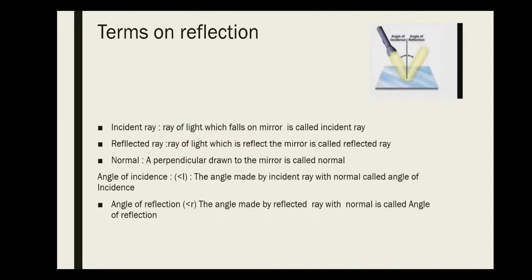Angle of reflection: the angle made by the reflected ray with the normal is called angle of reflection. It is denoted by angle R. See, the middle line is the normal, the left side line is the incident ray, the right side line is the reflected ray. So that is about the terms involved in reflection.